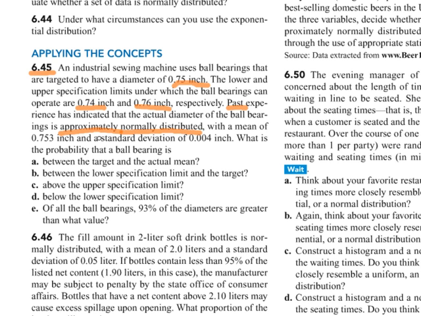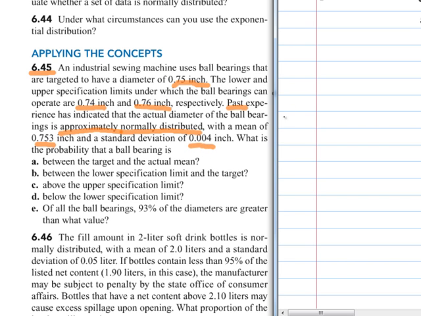And the mean is 0.753 and the standard deviation is 0.004. And so we can write mean is 0.753 inches and the standard deviation is 0.004 inches. Okay, so those are the numbers that we're going to put into Minitab to compute probabilities.